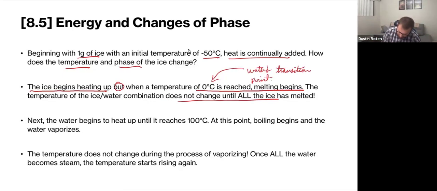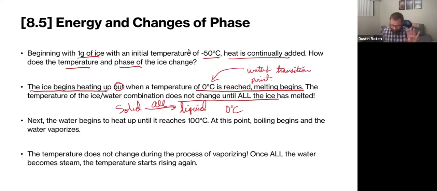So you've got to go all the way from a solid, all of it's got to change to a liquid before you can actually get the temperature to rise again. So when this transition starts, you're hanging out at 0 degrees Celsius the whole time.